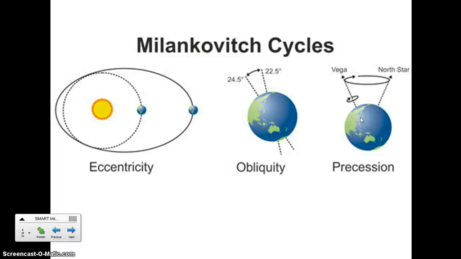It wobbles. So what that means is the seasons slowly get later throughout the year. We now have our summer solstice at around June 21st, but that point in time is getting slightly later in the season, and this cycle happens on about a 23,000 year time period.